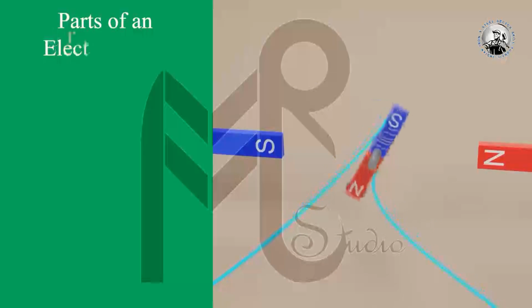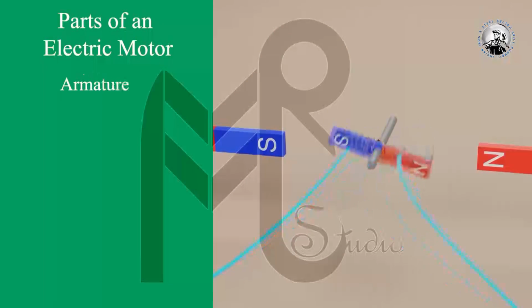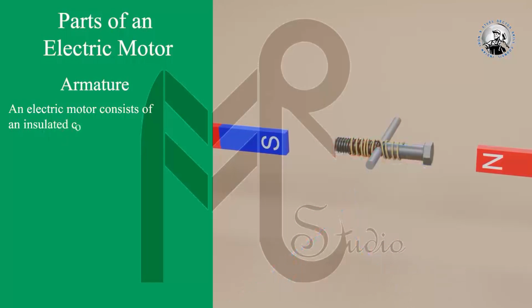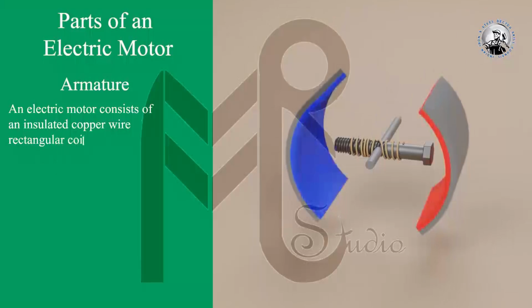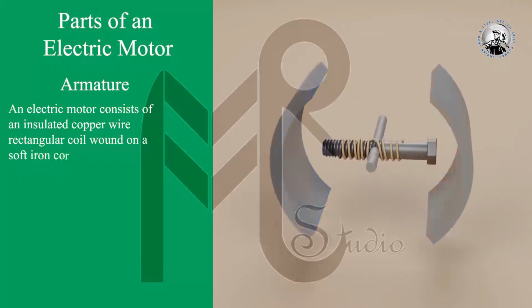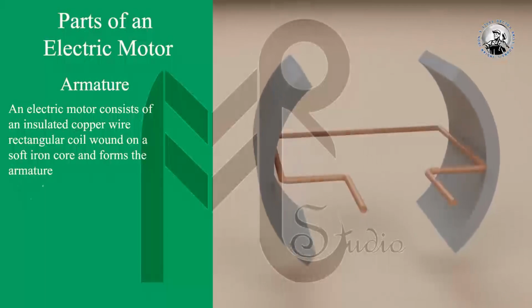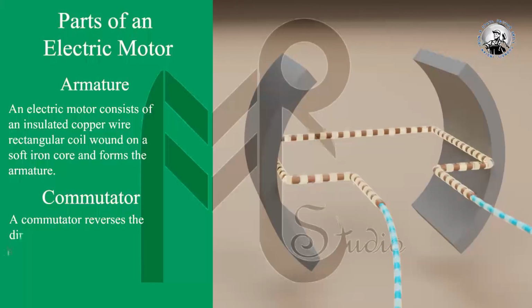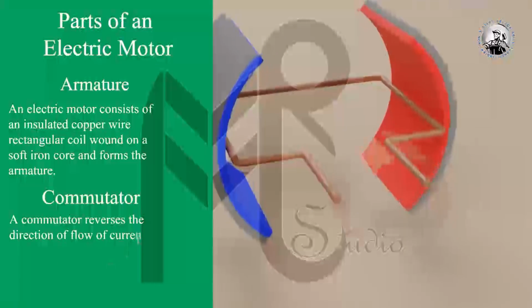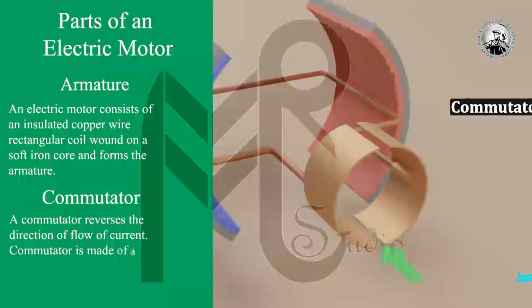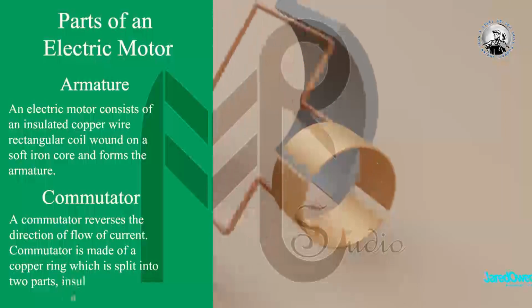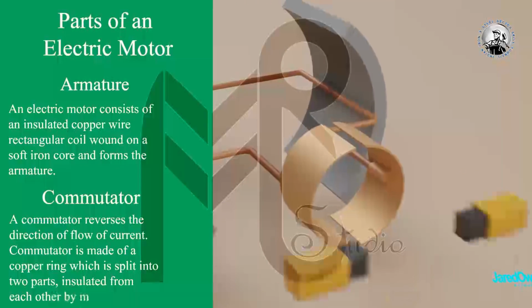Parts of an electric motor. Armature. An electric motor consists of an insulated copper wire rectangular coil wound on a soft iron core and forms the armature. Commutator. A commutator reverses the direction of flow of current. The commutator is made of a copper ring which is split into two parts, insulated from each other by mica.